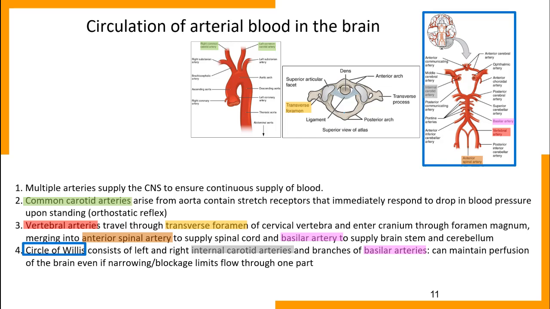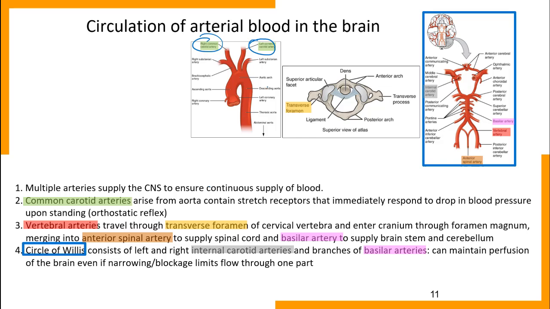We've got the carotid arteries, right and left, common carotid arteries that come directly from the aorta and also contain some receptors to monitor the chemical composition of blood as well as the blood pressure in the carotid arteries.